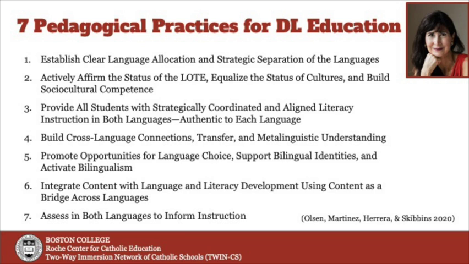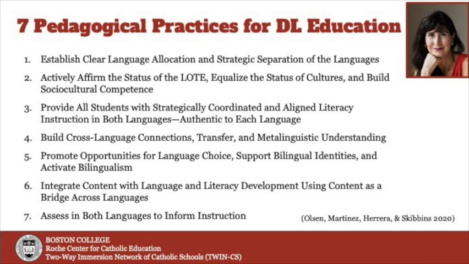These 7 pedagogical practices for bilingual language education were proposed by Osa Martinez and Herrera and Skibbins, and they were presented by L. Rice, a not-for-profit that works very closely with the California Bilingual Association.